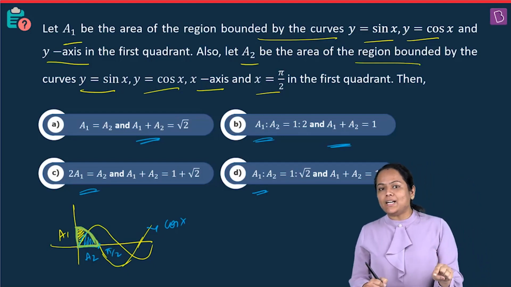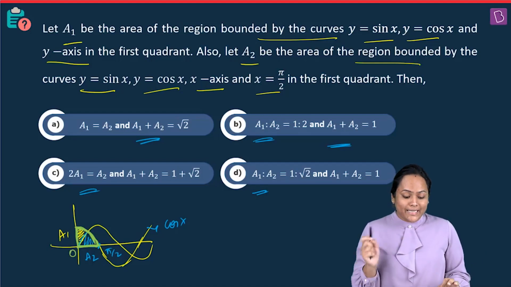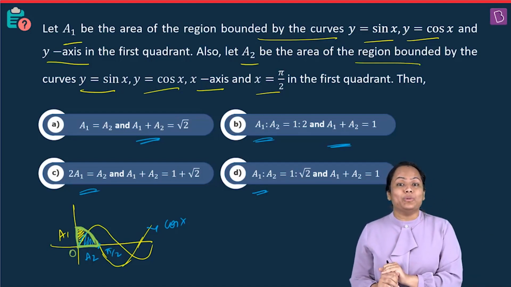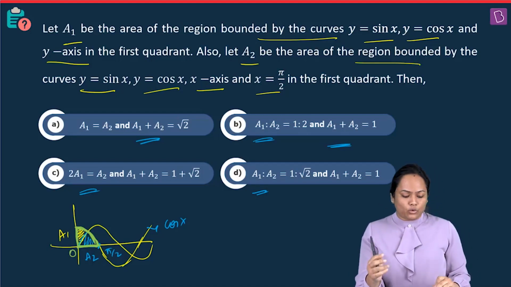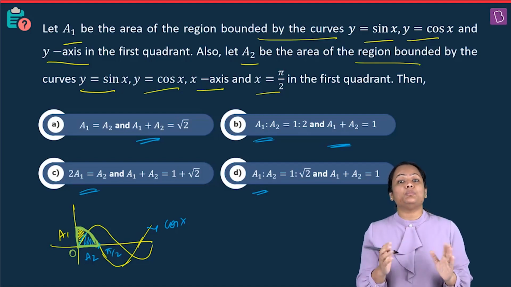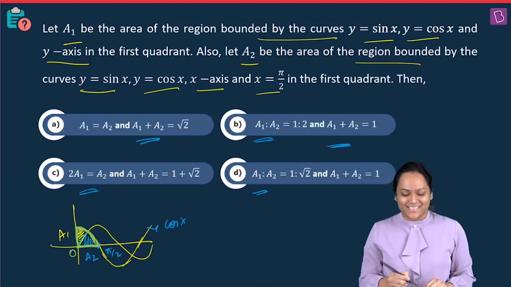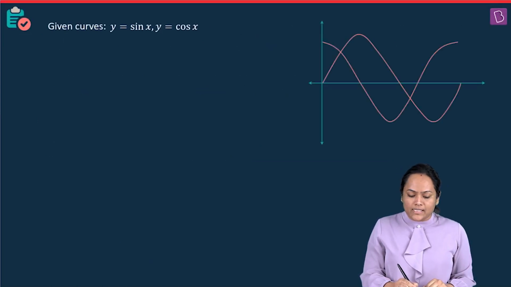And what is this area? Well, it is integration of cos directly from 0 to pi by 2, right? So that means I can clearly say that my A1 plus A2 will give me the area of cos x between 0 to pi by 2 with the x-axis. Perfect. So we have got this much information with us.